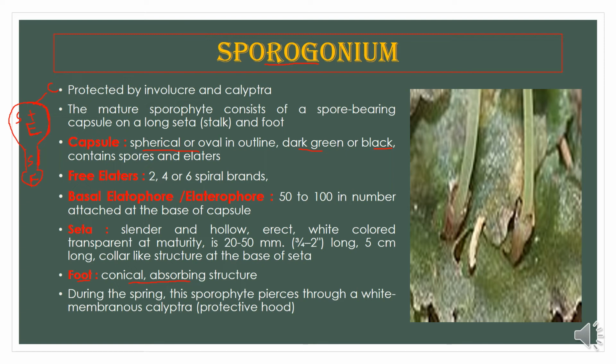Here we see the involucre region. We know that the female gametangia were borne in the involucre region, and the fertilization occurred inside this involucre. The sporogonium also developed inside this involucre.